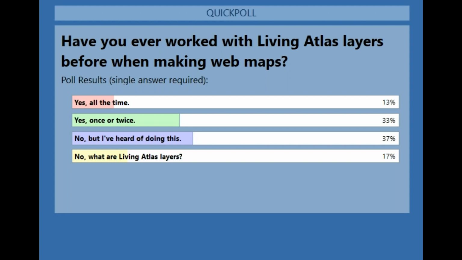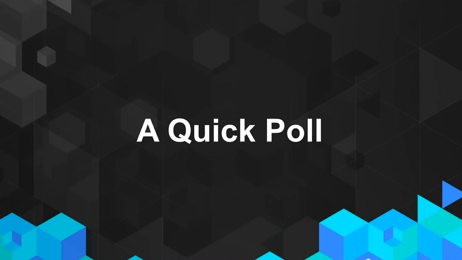Great. So it looks like we have an even group here. Some of you have used the Living Atlas layers once or twice for making web maps. And some of you have not done this before or perhaps have not heard of the Living Atlas at all. So we'll definitely walk through that today. And I want to thank you for participating. Now let's get started by learning about the Living Atlas and the American Community Survey.